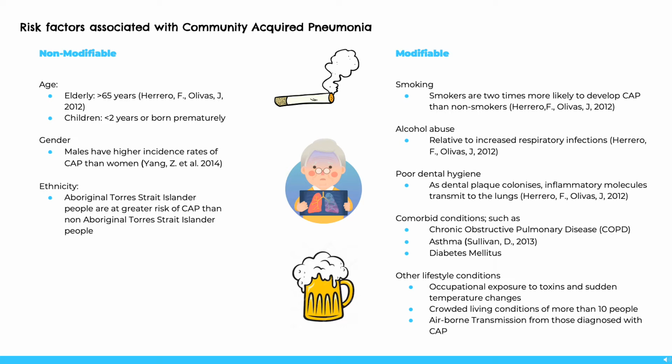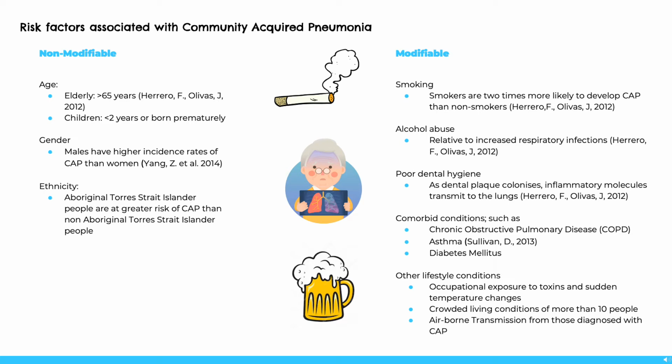Elderly with existing health issues such as dementia can experience difficulties in salivary elimination of bacteria, swallowing, and aspiration disorders. These deficiencies in mucus clearance increase the risk of community-acquired pneumonia. Similarly, children aged below 2 years or born prematurely present with weak immune systems not strong enough to fight off infection, therefore are at risk of community-acquired pneumonia.